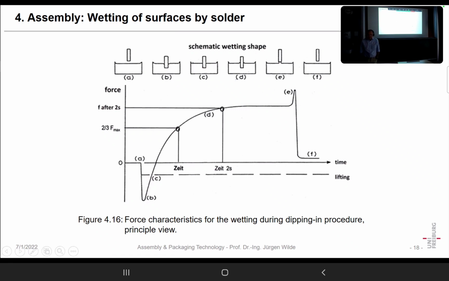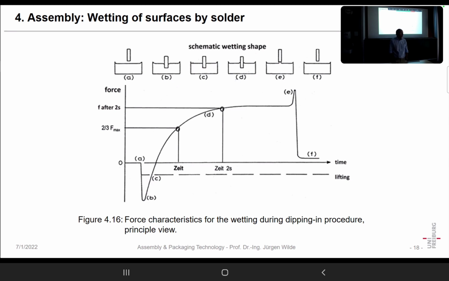And then we have several properties we can take from such a curve. For instance, we take the maximum force either in equilibrium or after a certain time. That is relevant. And then we have the time until we have 2/3 of that maximum force. And that's a time constant of wetting.